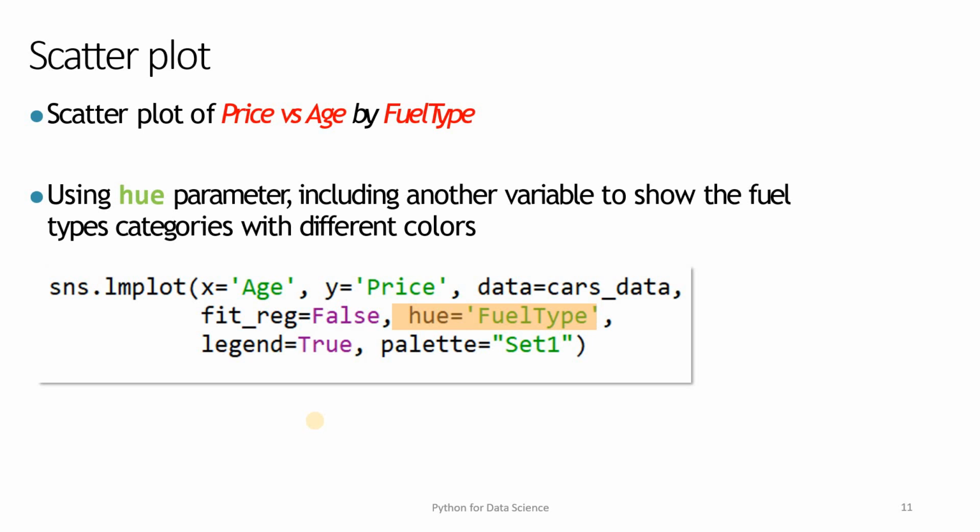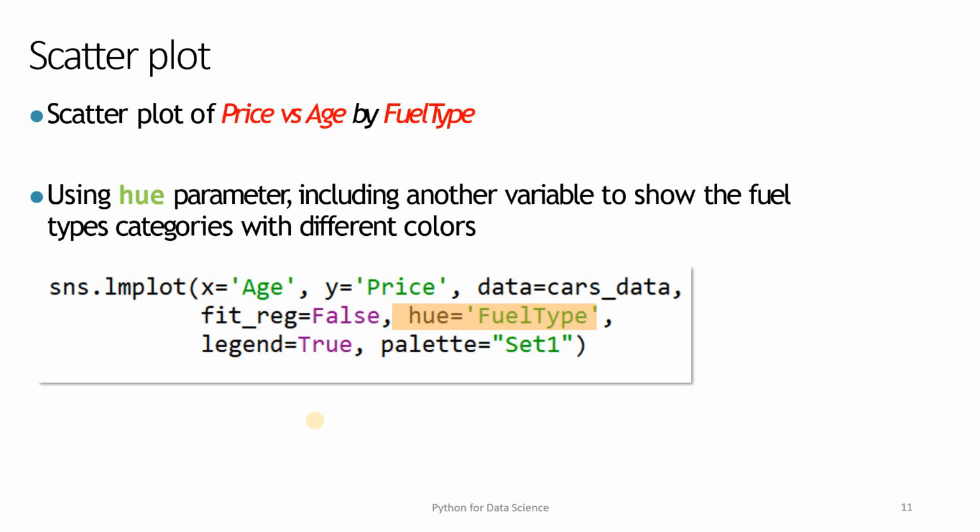Next we are having here, you can see, create a scatter plot of price versus age by fuel type. By fuel type, in the sense, we are going to add one more variable into the scatter plot, that is the variable fuel type. So why are we going to add that? Because it is of interest to check the relationship between price and age by adding another variable fuel type, like how price varies when the age increases with respect to different fuel types of the car.